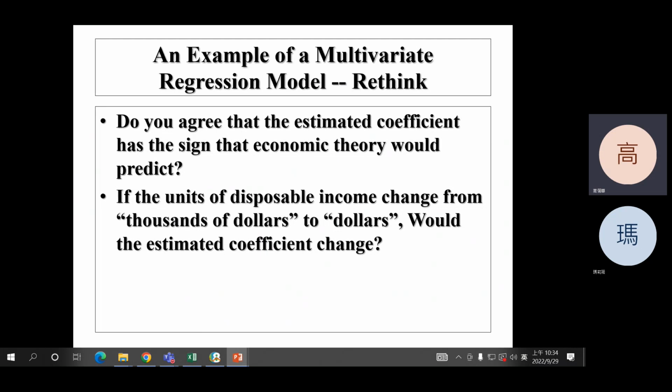So do you agree that this estimated coefficient has the sign that economic theory would predict? Yes, right? If the units of disposable income change from $1,000 to dollars, would the estimated coefficient change? Anybody want to answer these questions?